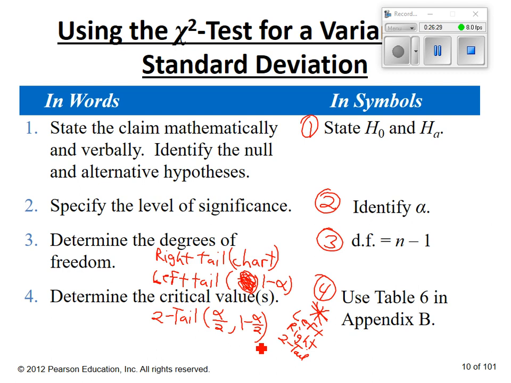Basically, everything else is the same as everything we've been doing all chapter. You state the HO and the HA, figure out what your alpha is, your level of significance. This time you have to find your degrees of freedom. One of the other times in this chapter we had to find the degrees of freedom. Then you start to draw your picture. This time we're drawing the chi-square instead of the normal curve or the bell curve.